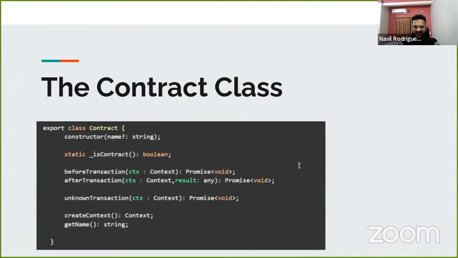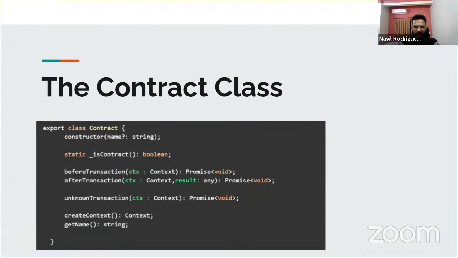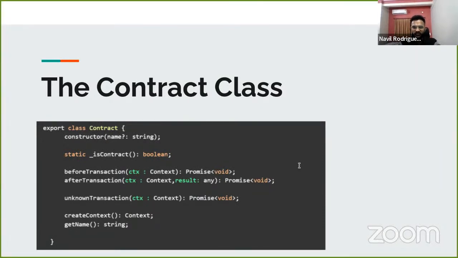Then comes the beforeTransaction. As you can see, there is a ctx parameter, which is basically a context object. Whenever there is a transaction function, we need to pass this context object. It is the first argument, which contains the implementation of the chaincode stub interface. We will be looking into this interface in the next slide.